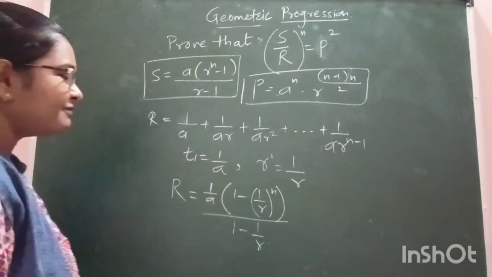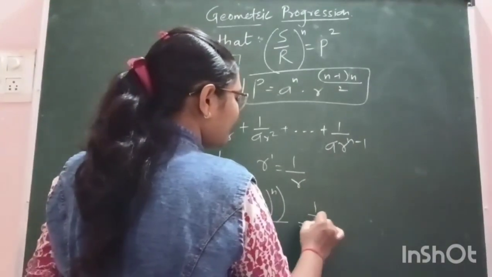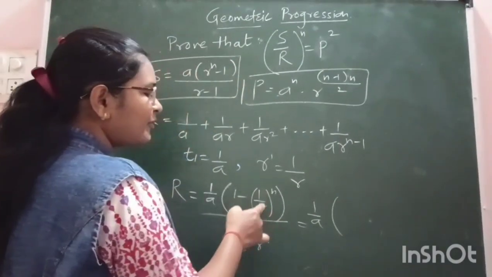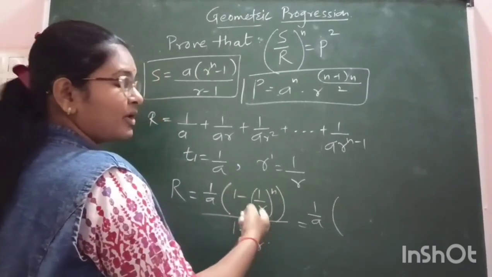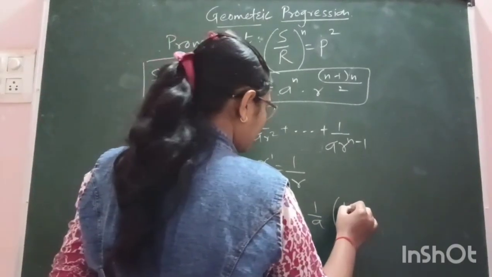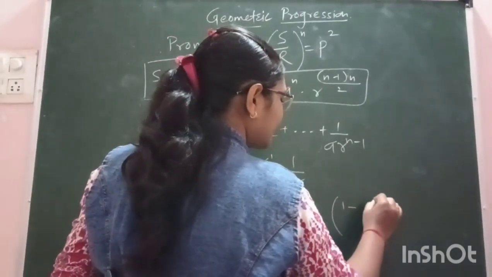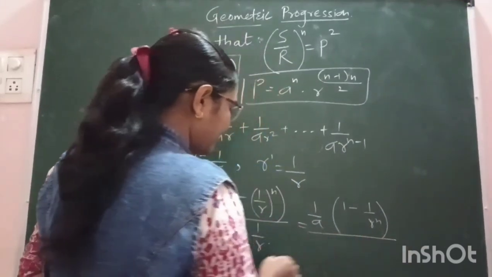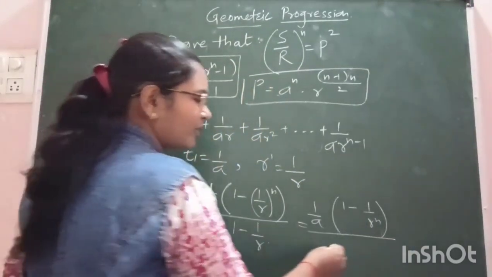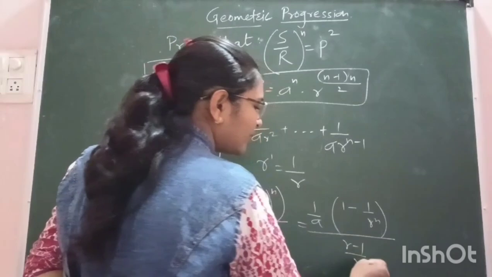If we simplify this formula, we have 1 upon a, and here 1 upon r to the power n gives you 1 upon r raised to n, 1 minus 1 upon r raised to n, both divided by r minus 1 upon r.